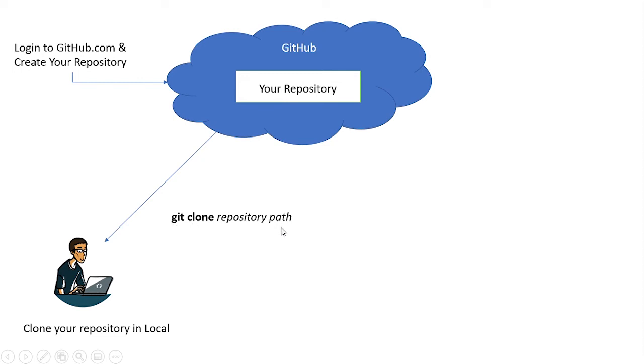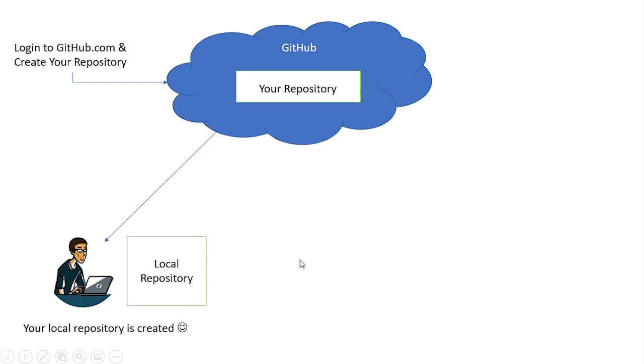Second is that if you have Visual Studio, you can open the Visual Studio and there are mechanisms to clone your remote repository into local repository by using user interfaces. There is a nice user interface which Visual Studio provides. You don't have to execute any command. So using that UI or user interface, you can always clone. Now it doesn't matter which approach you follow. Ultimately, your local repository will be created.